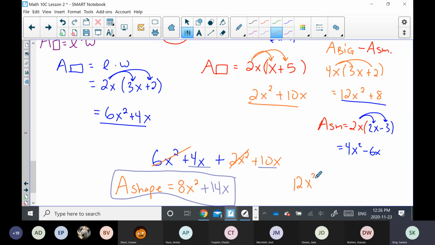So 12x squared plus 8x, that's the area of the entire rectangle, minus, we have to subtract this. It's more than one term, so you put it in a bracket.